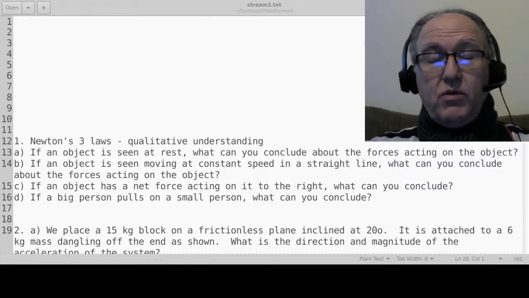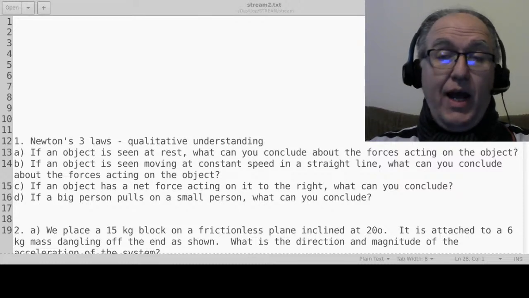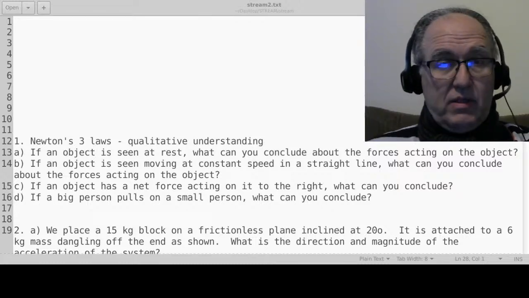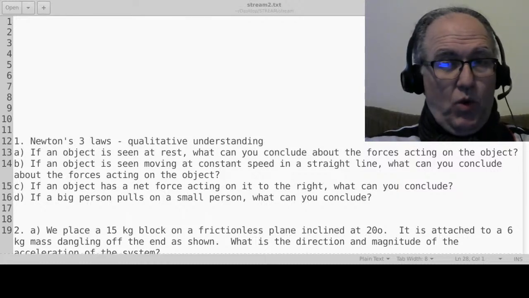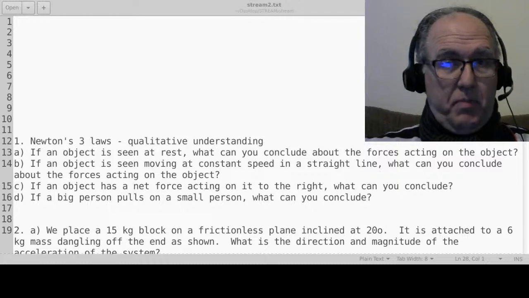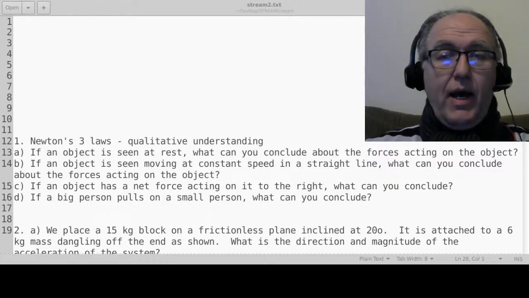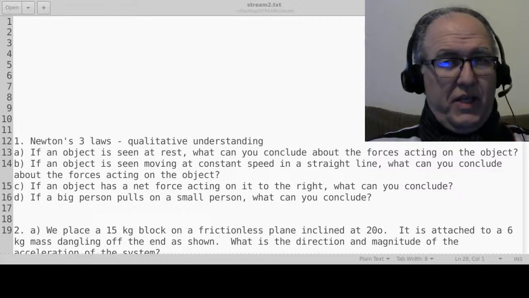The first law, the way Newton stated it, was that in the absence of any net force, an object that's at rest stays at rest, or an object that's moving at constant speed in one direction along a line continues to move at constant speed along a line. That's equivalent to saying if there's no net force, there's no acceleration.